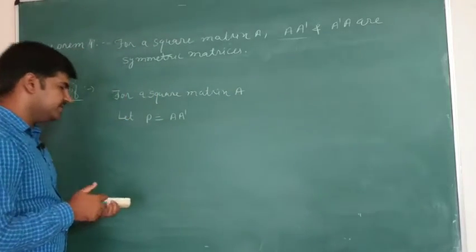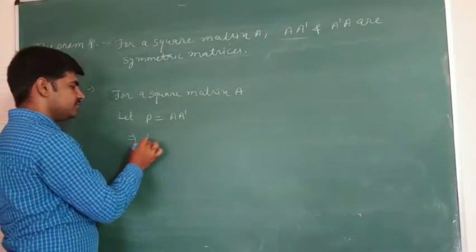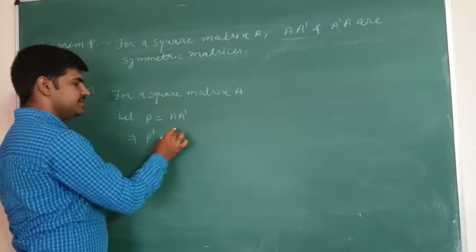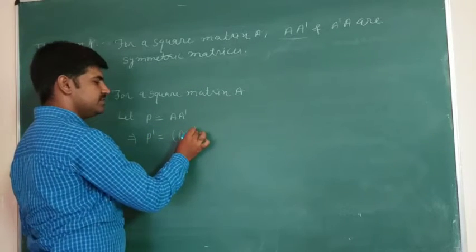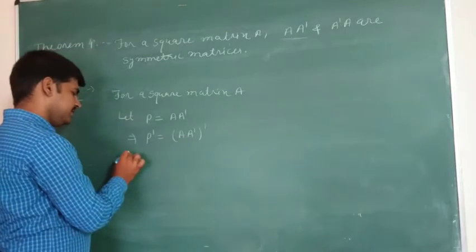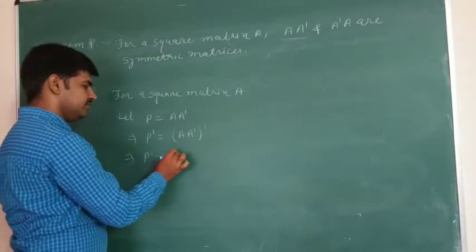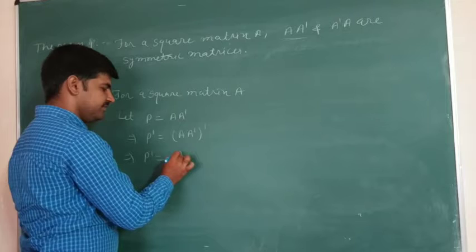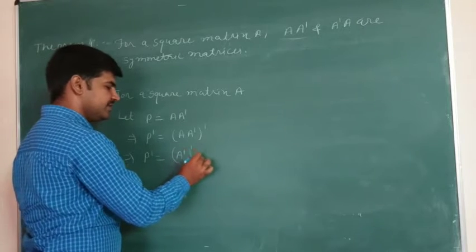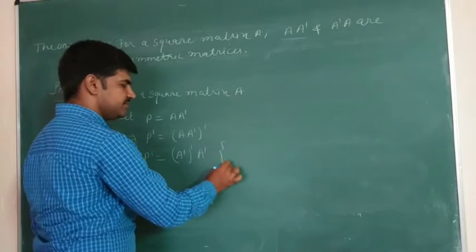Now we have to prove P is a symmetric matrix, so we will find the transpose of P. So transpose of P is P dash, and that is equal to (A A dash) whole dash. That implies that P dash is equal to (A dash) whole dash times A dash. How has it been written?